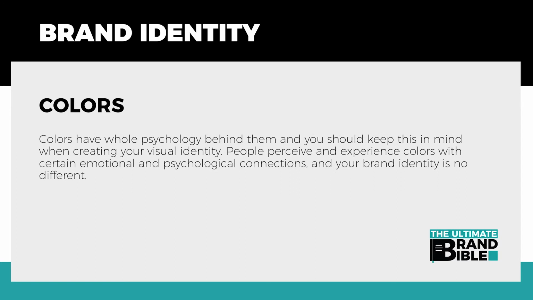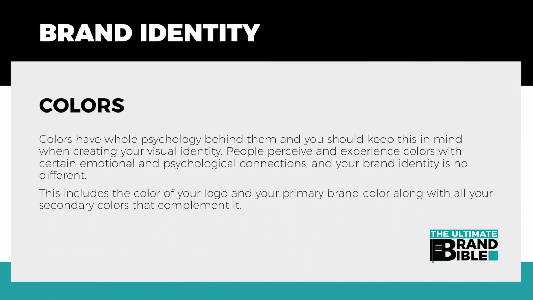Colors have a whole psychology behind them, and you should keep this in mind when creating your visual identity. People perceive and experience colors with certain emotions and psychological connections, and your brand is no different. This includes the color of your logo and your primary brand color, along with all your secondary colors that complement it.